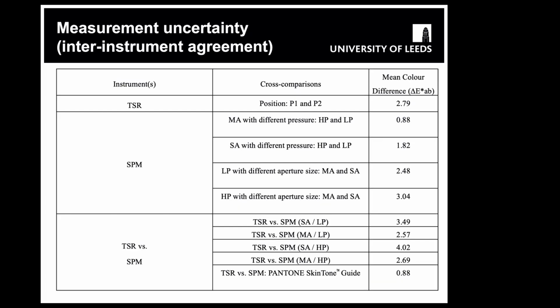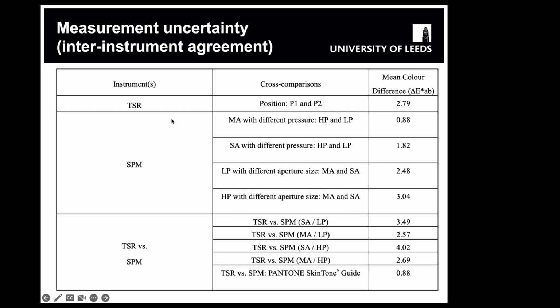And we also tried to measure the instrument agreement. What does it mean? If you measure your skin color with a spectrophotometer, and you also measure the same skin color using a telespectroradiometer, we investigate how different your results are for the same skin color using different instruments, okay?